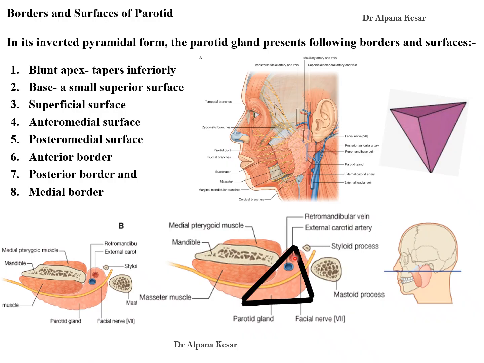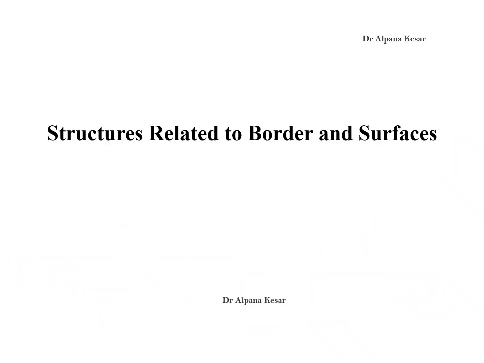So, parotid gland has three borders and three surfaces. It has an apex and a base. Structures related to borders and surfaces.